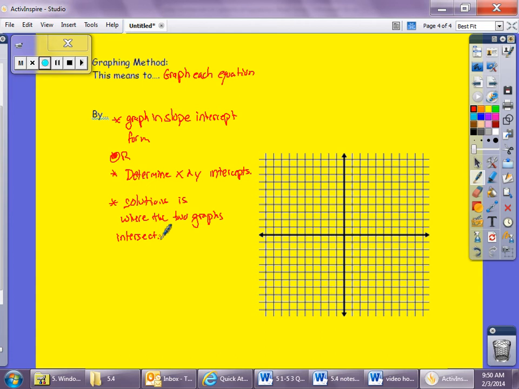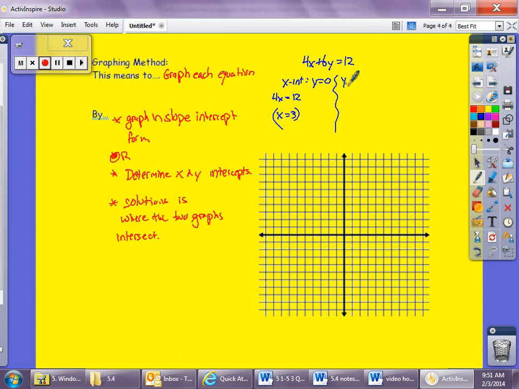So if we use the x and y intercepts, my first equation is 4x plus 6y equals 12. For the x-intercept, we say y is equal to 0, so we are left with 4x equals 12, x equals 3.